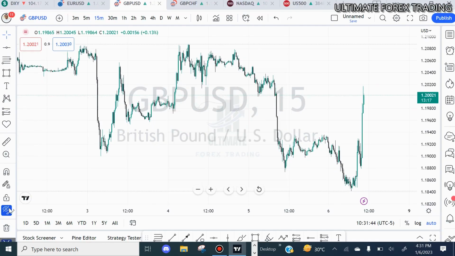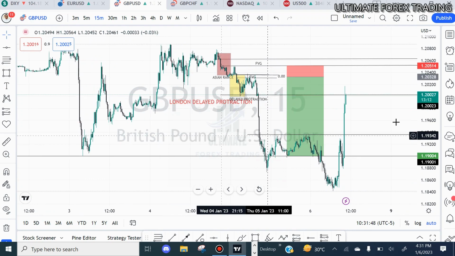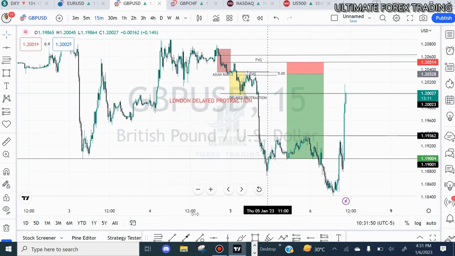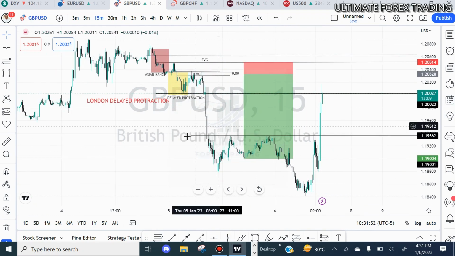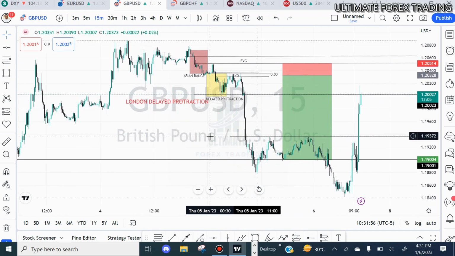Let me put the annotation. So this is what really happened, and this is typical example of a London delayed protraction, right? Well, price has been ranging here.